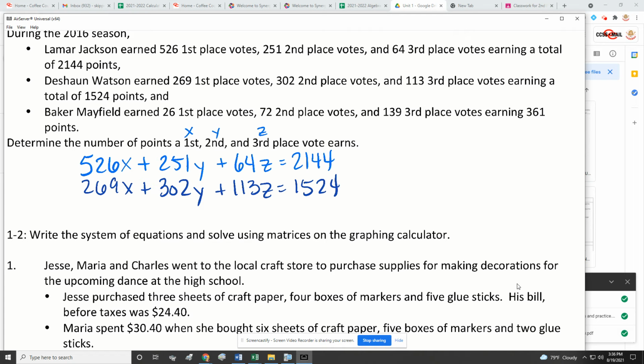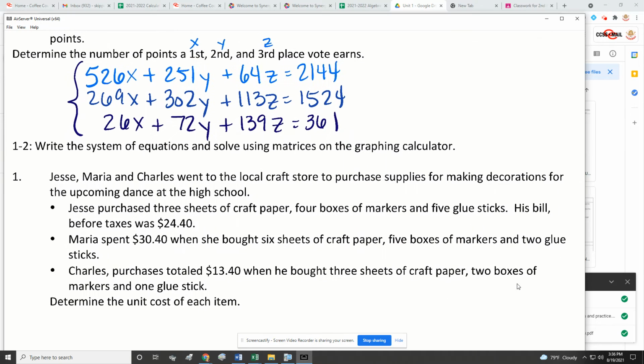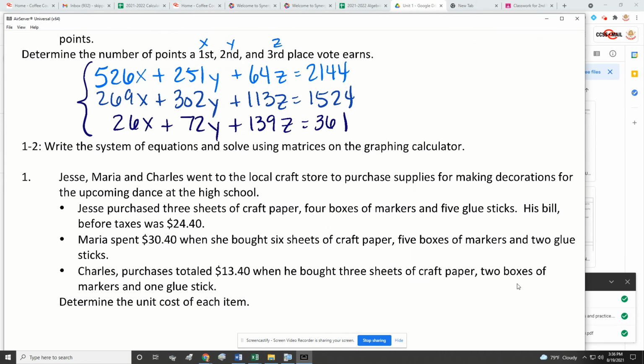And then finally, Baker Mayfield, 26X plus 72Y plus 139Z equals 361 points. So that is our system of equations. So make sure that you've written that down correctly.